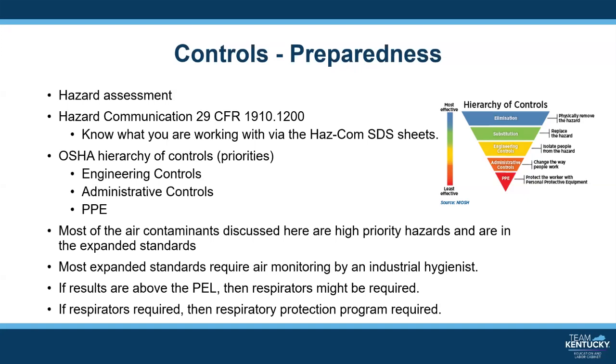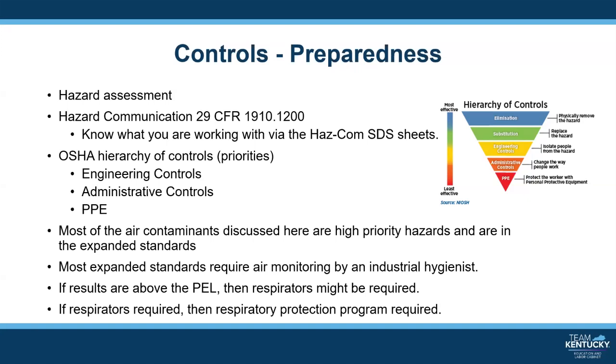Or if you've got a hazardous product you're using, you could substitute it for a less hazardous product, which might still have hazards of its own. And then beyond that, you get into the engineering controls to isolate people from being exposed to the hazard. In many cases, that might be controls such as ventilation and things like that.